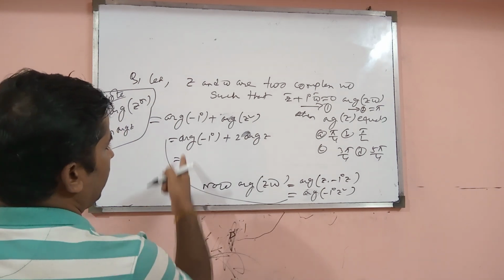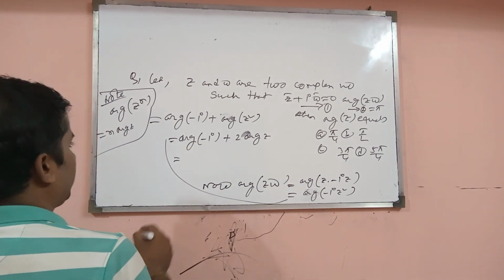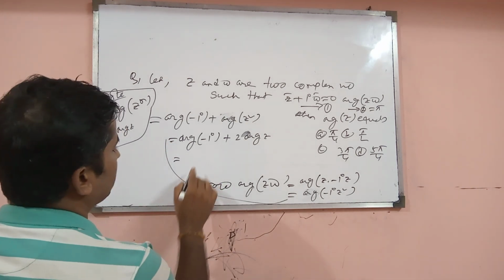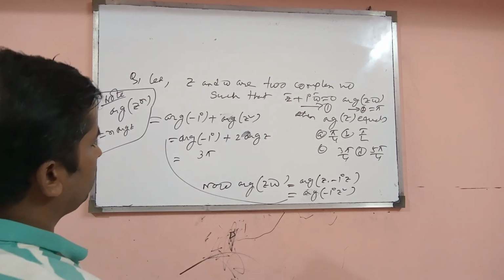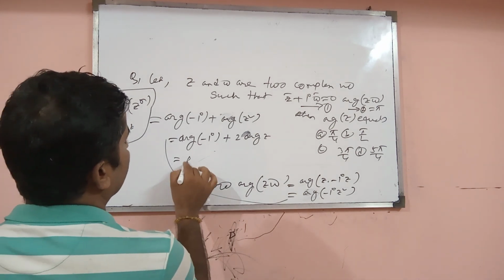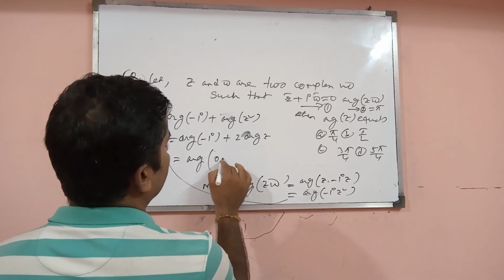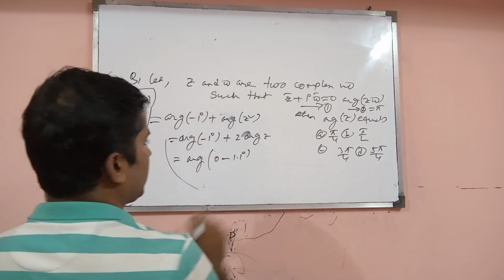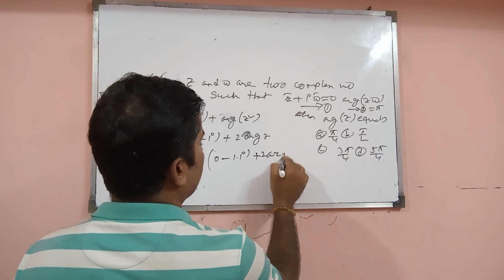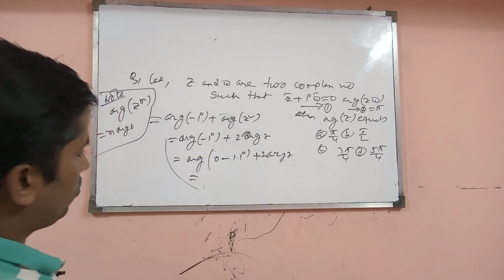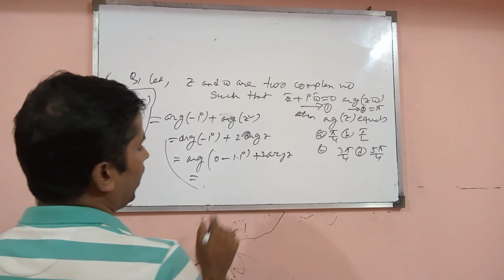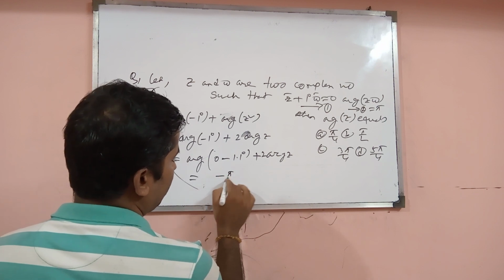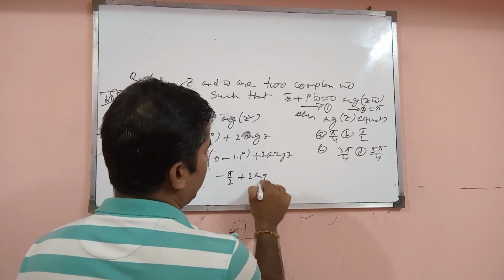Now argument of minus i: it is 0 minus 1 into i, so its argument would be minus pi by 2, plus 2 argument of z.